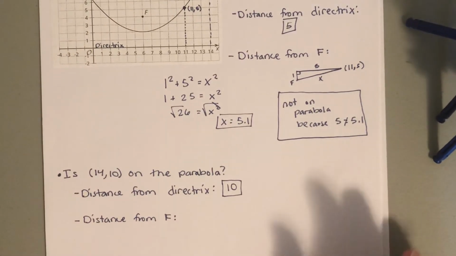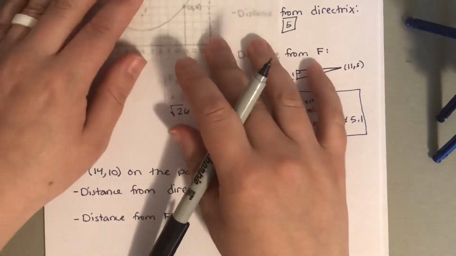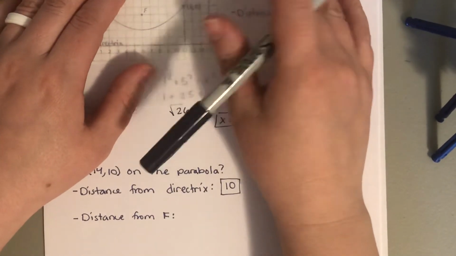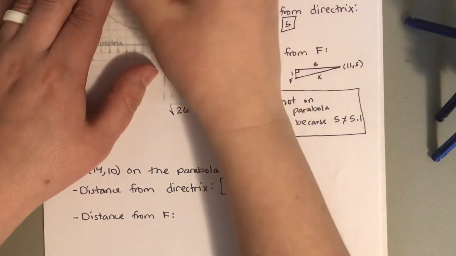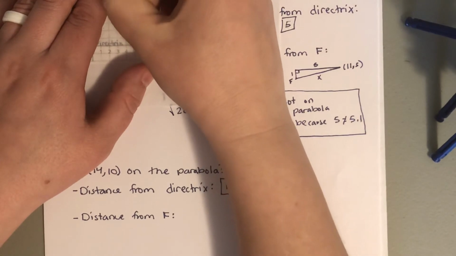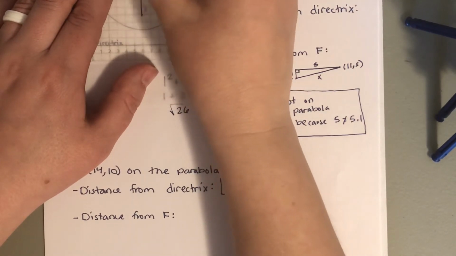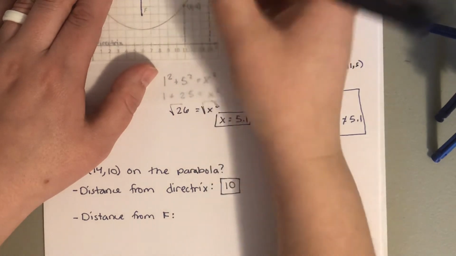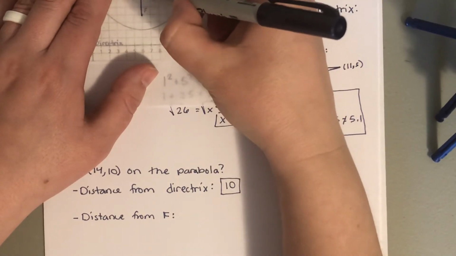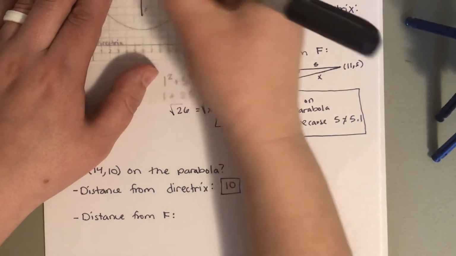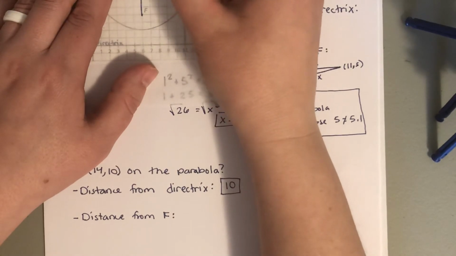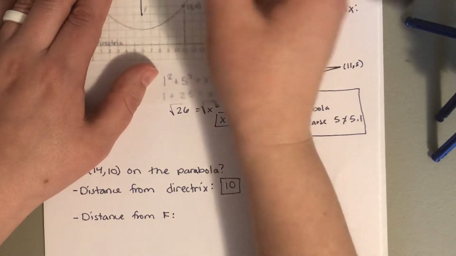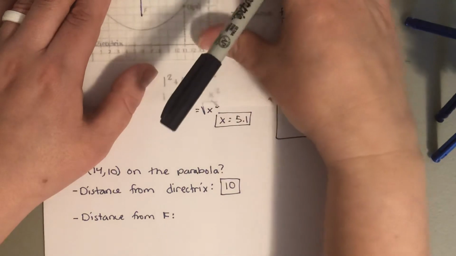The distance from F, we're going to mark that out on here. Going up, going over, we had to go up 1, 2, 3, 4, 5, 6. We had to go over 1, 2, 3, 4, 5, 6, 7, 8 units.